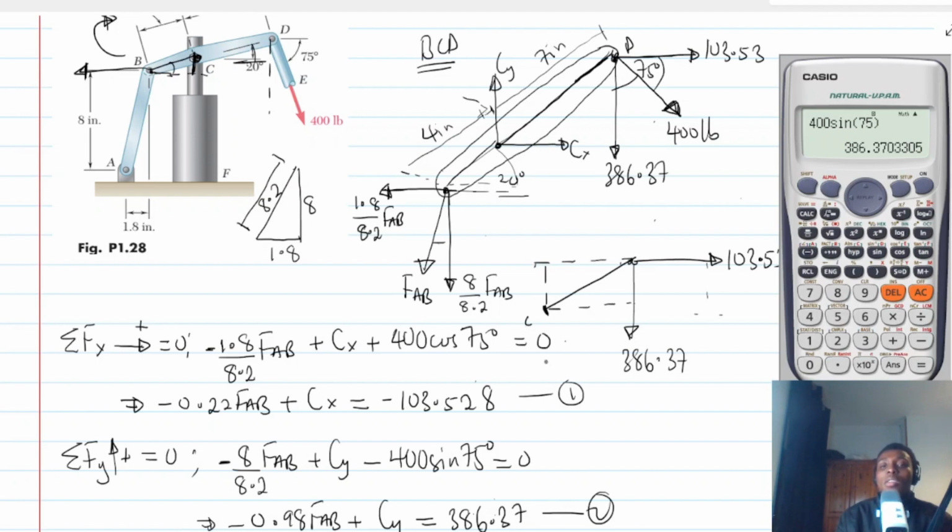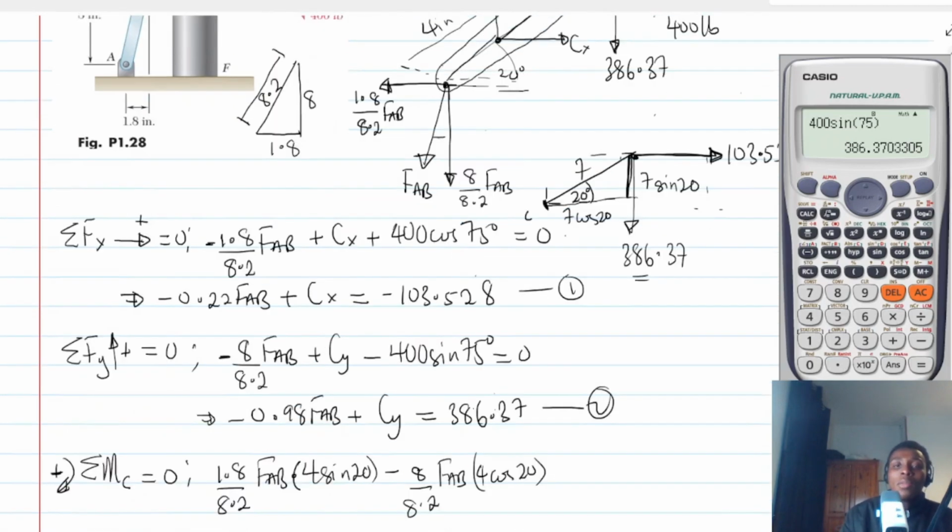Or we can either do this. Maybe let me do it this way. All right. So if I am to use the horizontal component, then the perpendicular distance is this side, which is 7 sine 20. But then if I use this side, it's going to be 7 cosine 20, which will be perpendicular to this.